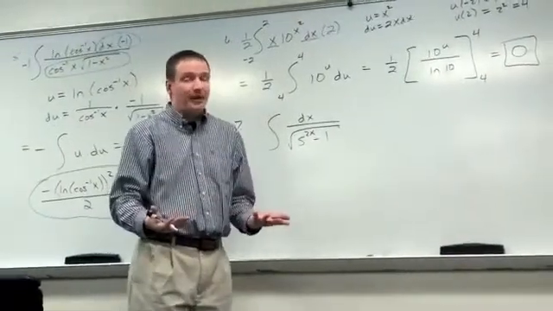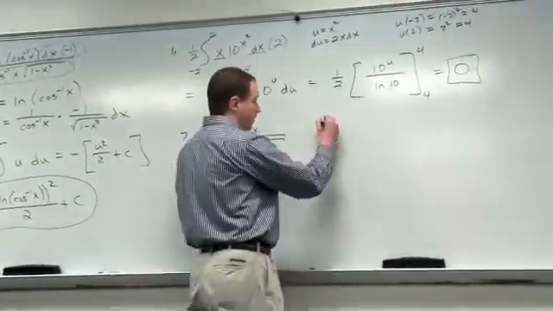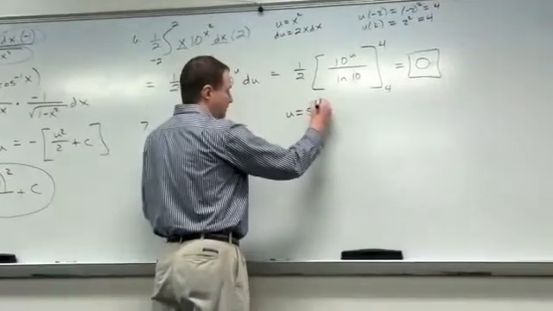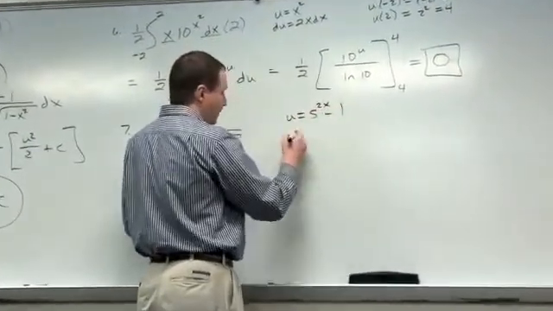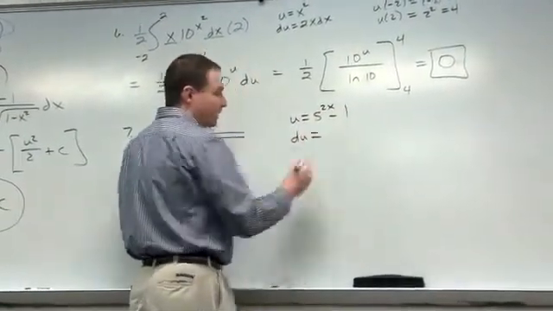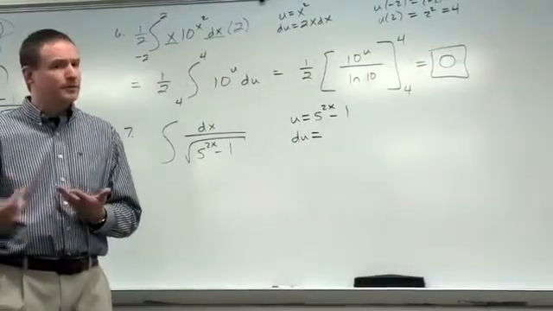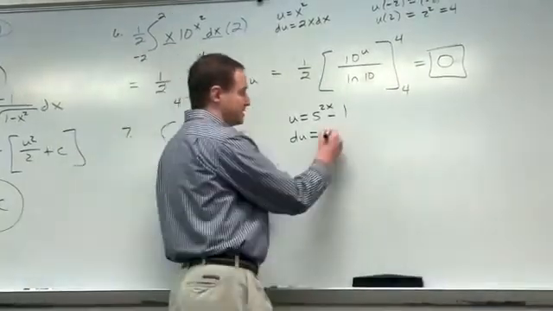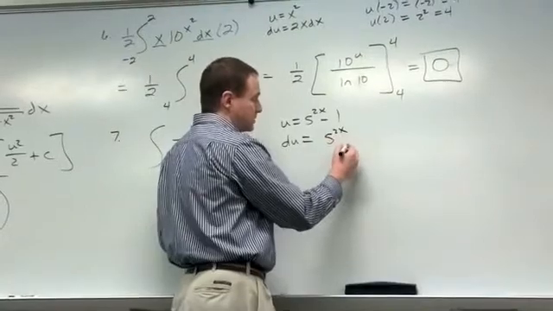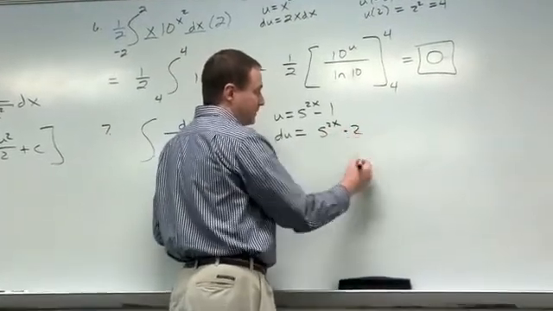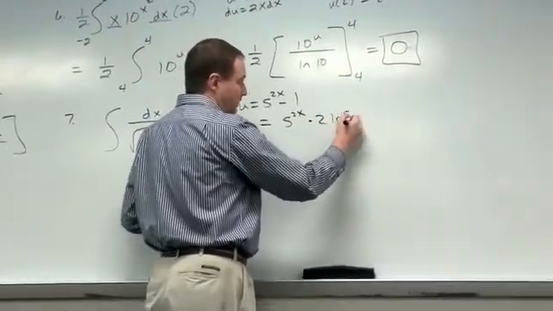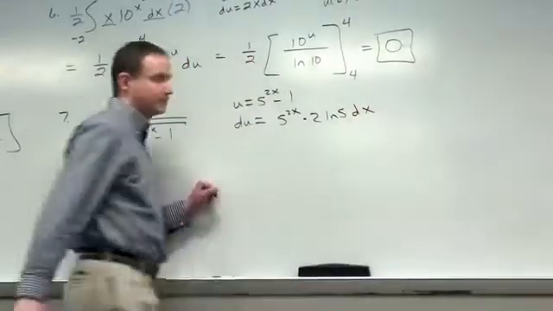And I have to go through the same process. The first thing I might try on a problem like this is, what if I let u equal 5 to the 2x minus 1? That would fail miserably. Because the derivative of any exponential function is that exponential function times the derivative of its exponent times the natural log of its base with respect to x.